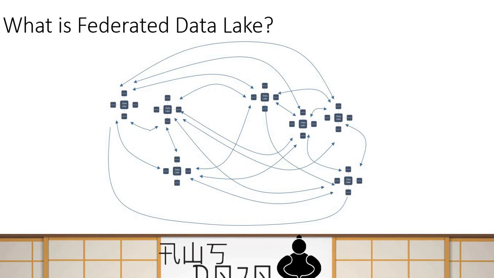If a business need comes, they can access data from the other data lakes as well. So two things make a data lake a federated data lake. One is that, of course, there should be more than one data lake within the organization. And the second thing is that each of these data lakes should be connected to each other. That means a user of one data lake can access data of another data lake.